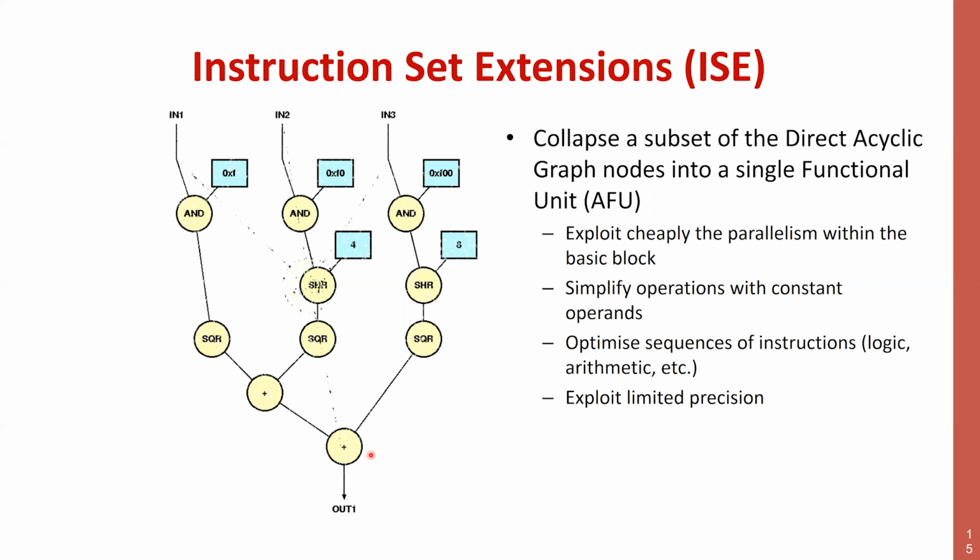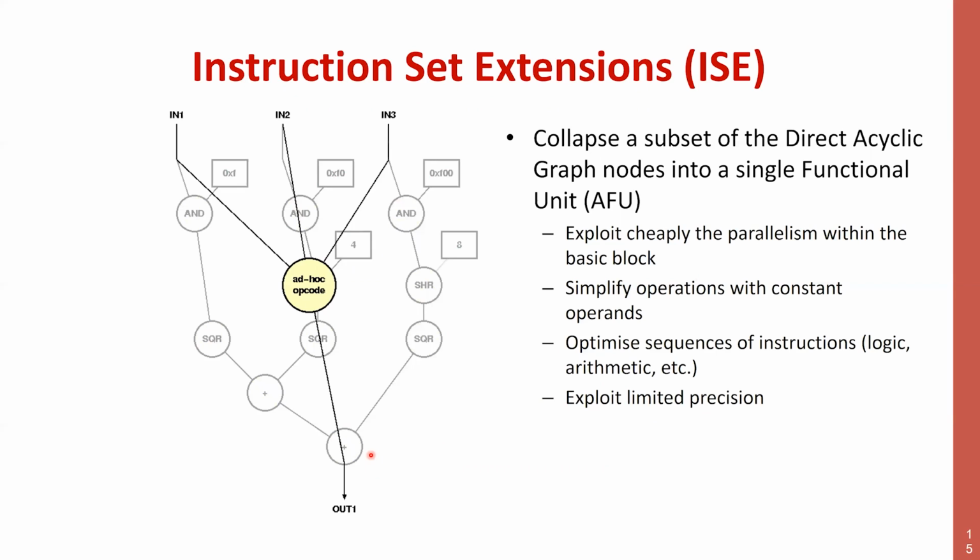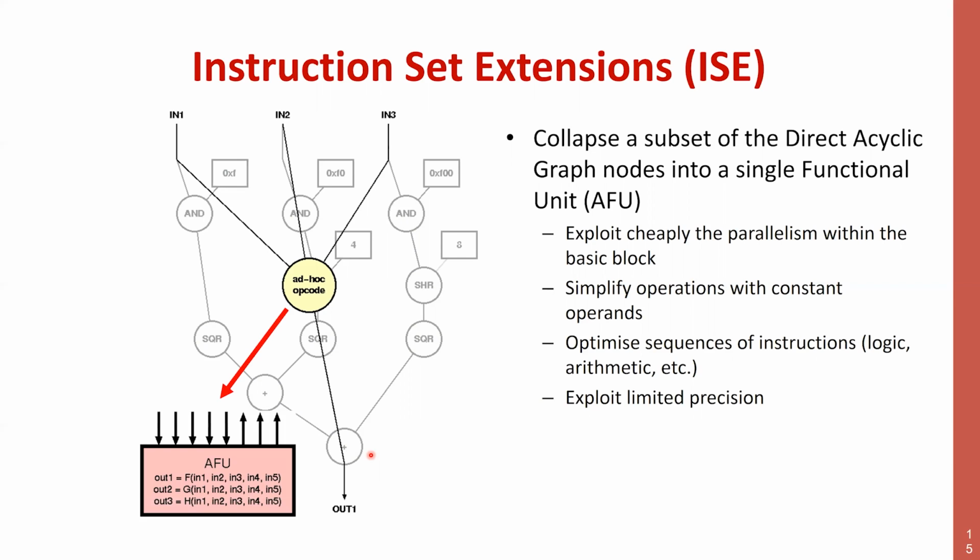But the idea here is to collapse all these things into a single function, a single three-input function, and call it with a single name. It is a single opcode, a single instruction that corresponds to a specific functional unit that I put in my data path, so that whenever I need to do all this, I get this instead.